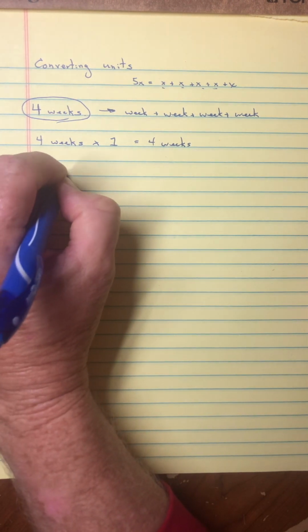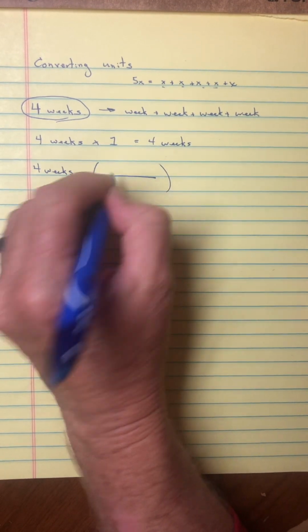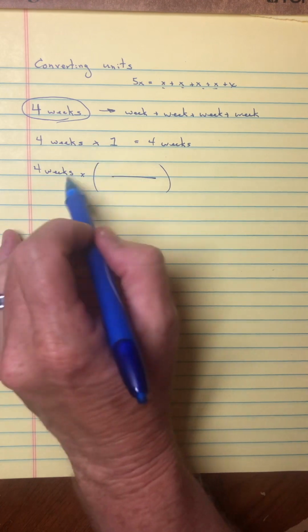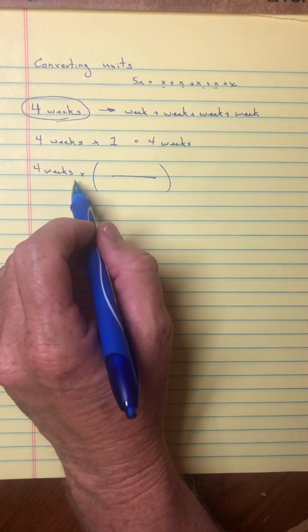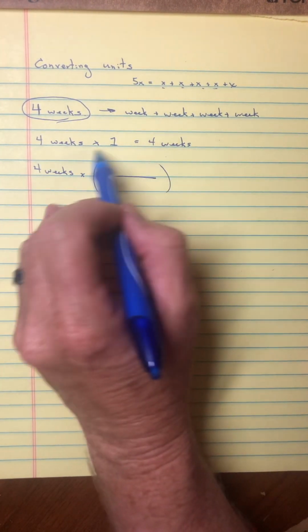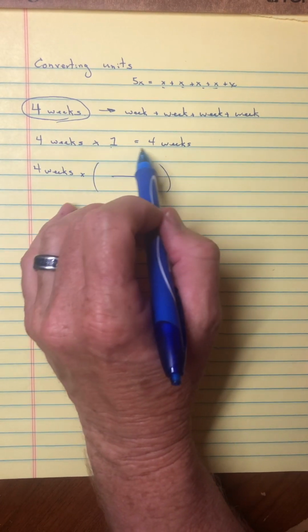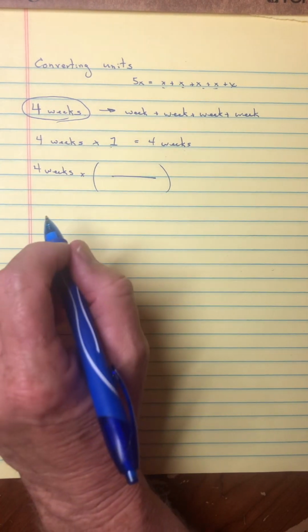But the key for converting units, and this is the first method, is to say, let's get a clever number 1 so that we change the units from weeks to, in this case, days. Now, obviously, multiplying by just the number 1 was kind of useless. We ended up with the same number 4 and the same units, week, so it didn't do anything.